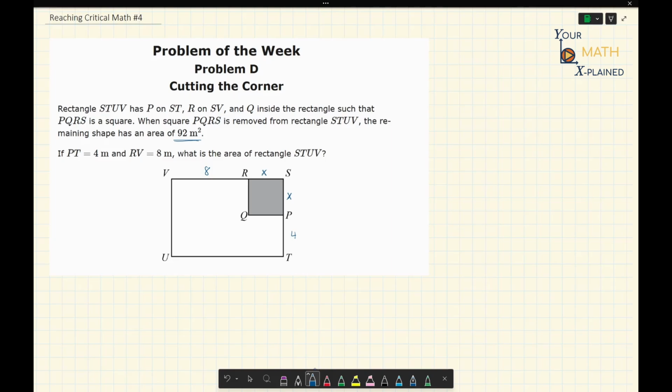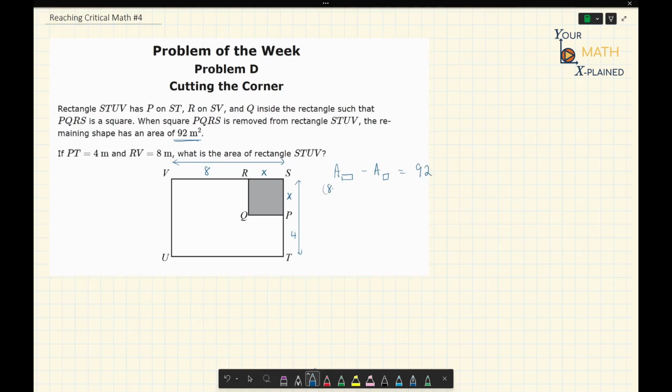Now the equation. So we would have the area of the rectangle minus the area of the square equals 92. That is the format of the equation, and we can substitute some expressions in. The area of the rectangle would be the length times the width. We have those quantities.